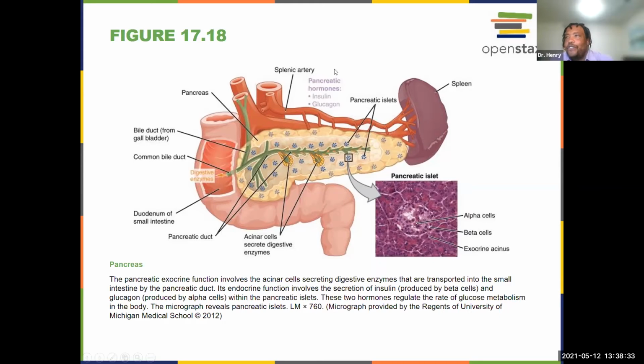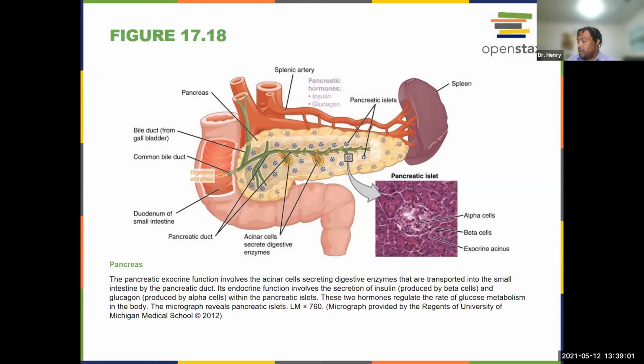Okay. I'm sorry. So the two major hormones that are going to be made here, from your pancreas, are insulin and glucagon. We know that both of those control blood sugar levels. Glucagon gets stimulated when your blood sugar level is low, and insulin gets stimulated when you have a high blood sugar level.